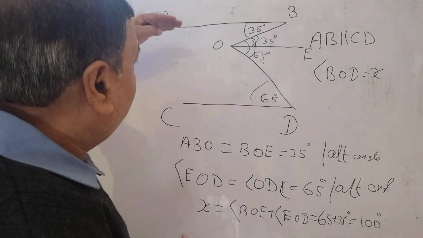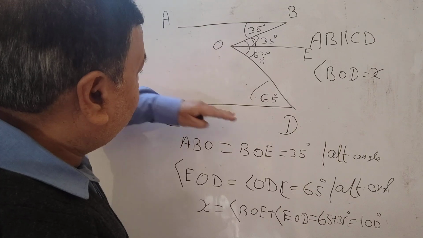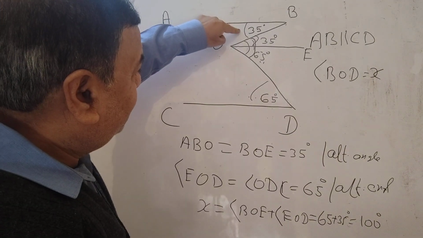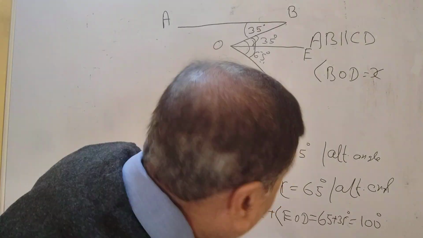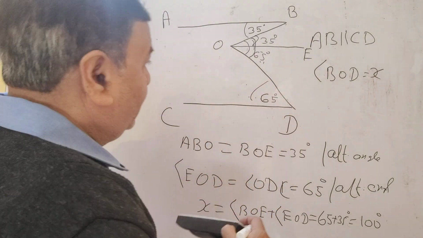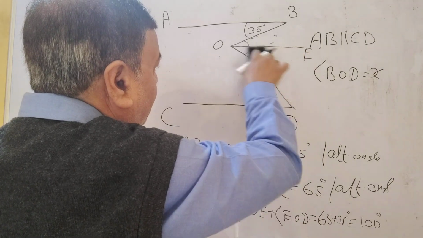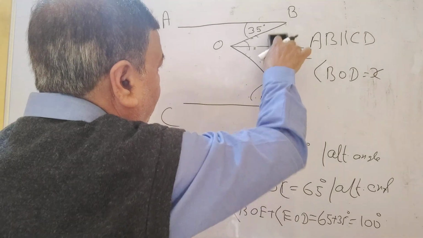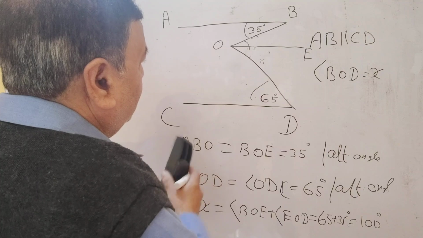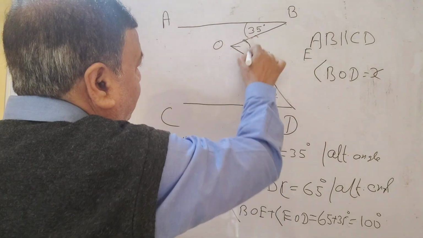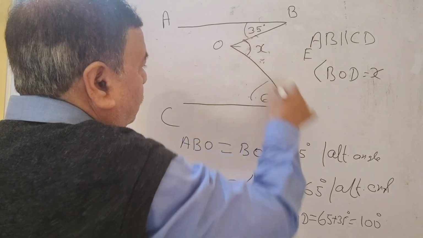Again I repeat, AB and CD are parallel given. This angle is 35, this is 65. Let me rub it out so that you can understand. And we have to find out this value, this angle BOD.